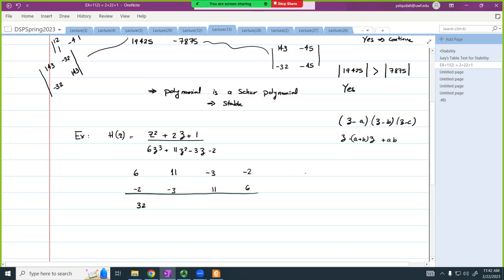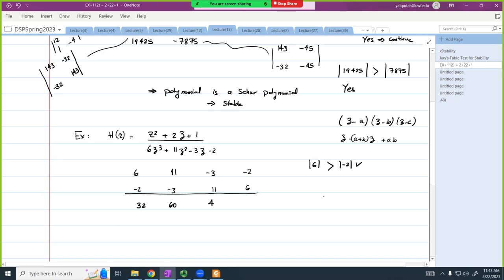First we check that indeed 6 is greater than -2, so we can continue. This is the first line. We continue to the next entry. 6 times 11 minus 6 gives me 60. 6 minus 6 times -3, -18 plus 22, gives me a 4.